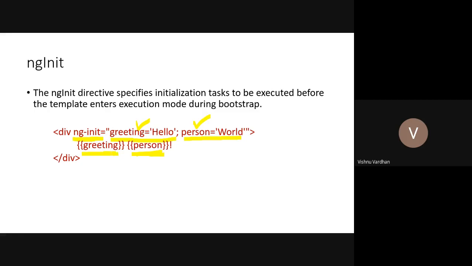They can be overridden anytime, n number of times, by using the controllers, like we did with the previous spicy controller implementation, where we overrode the value of the property spice. Similar is the case with the greeting and person, and whatever initialization can be done by using this nginit directive.